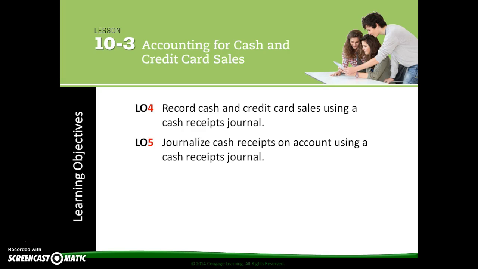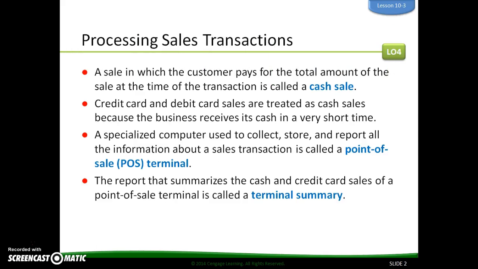So we just want to be thinking through that the POS system is really going to help a business out in terms of all of the records that they need to keep to be successful. The learning objectives for this chapter deal with recording cash and credit card sales, and then journalizing the cash receipts that are on account using a cash receipts journal.